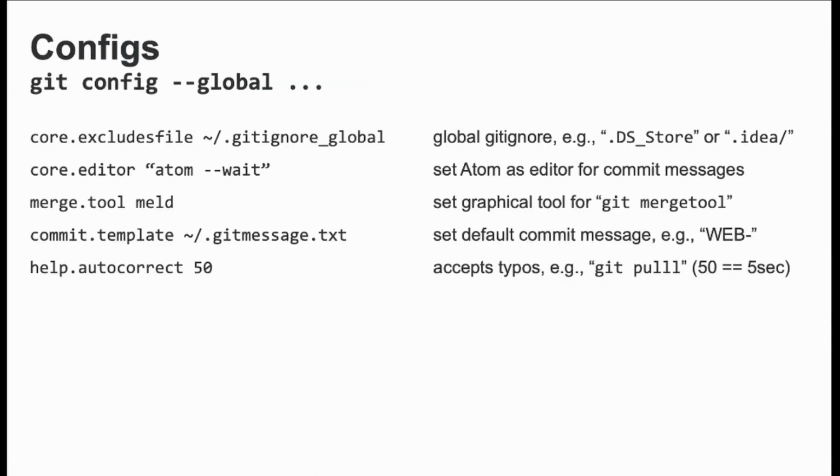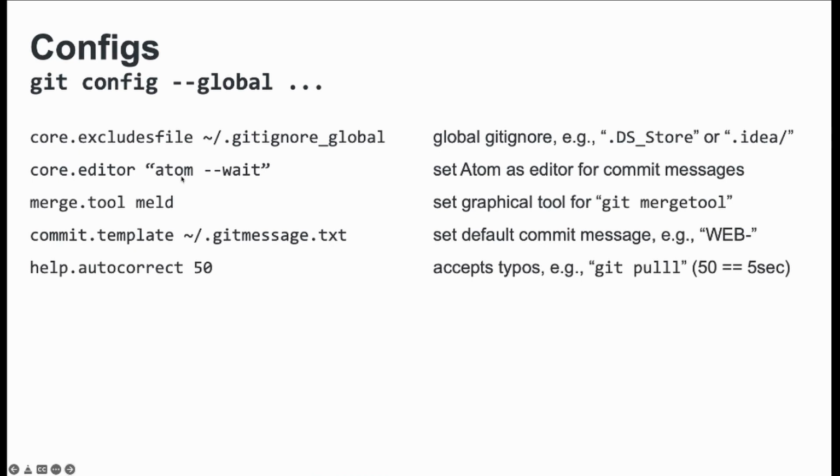Also, I like to configure my global Git config file. So I like to ignore some usual Mac files like the DS_Store or like my PhpStorm settings file. Some people don't like to use Vim, so they use Atom.